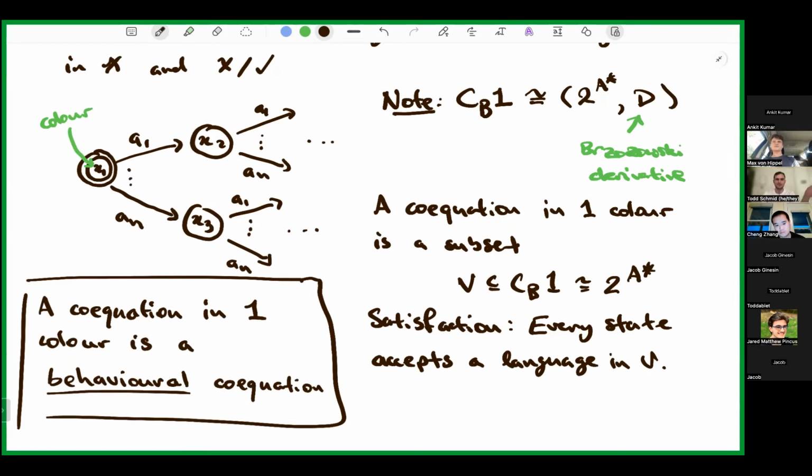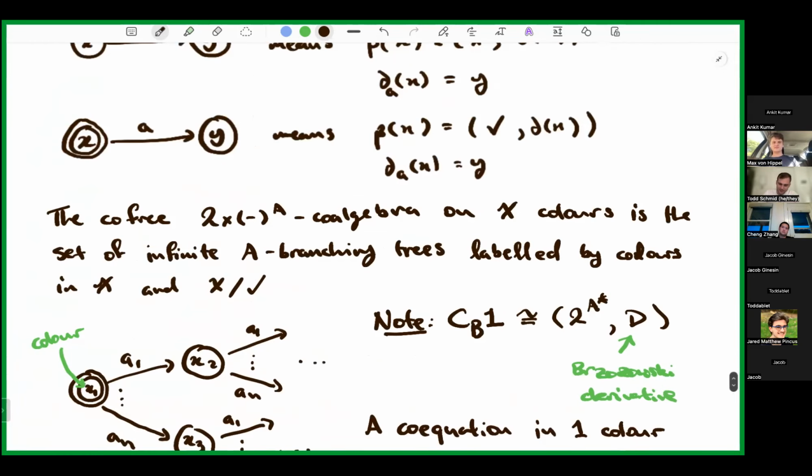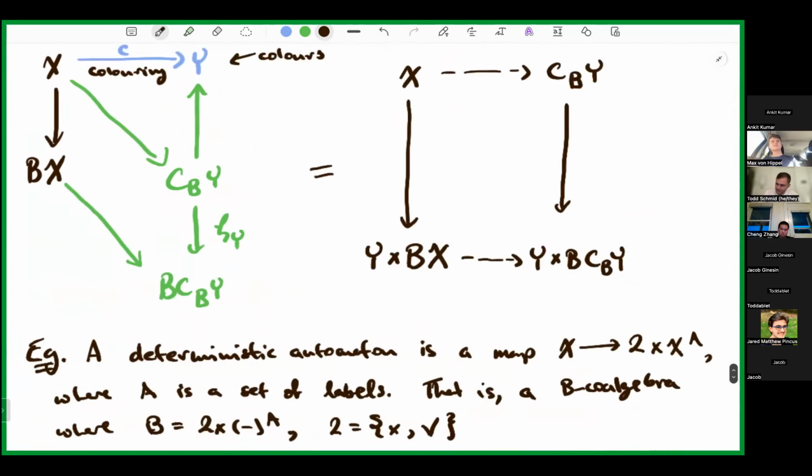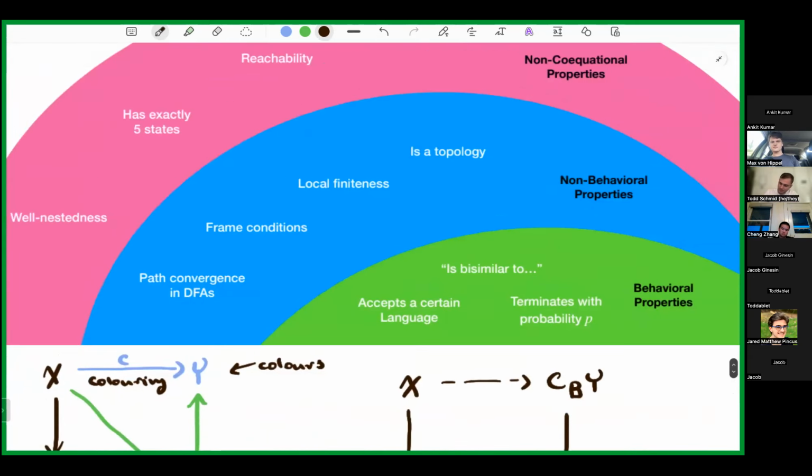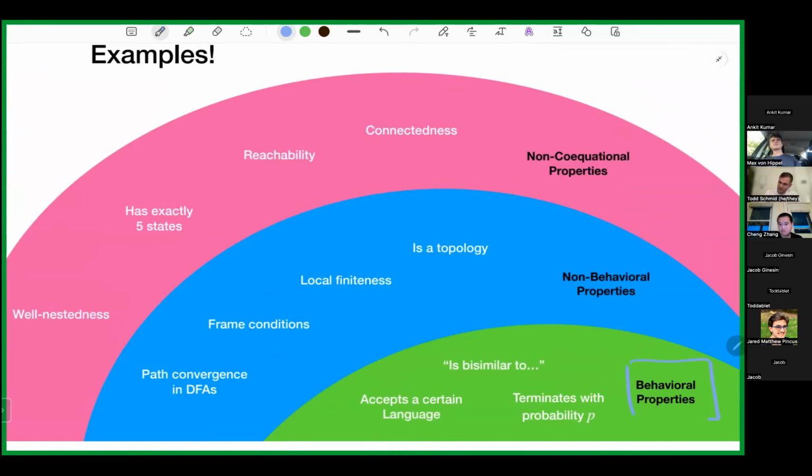That's it. It's not more complicated than that. The limitations of behavioral coequations are basically that they can't talk about states. I had this picture up here where down in the right-hand corner I wrote behavioral properties, meaning properties you can characterize with the behavioral coequation. And accepting a certain language or accepting one of a set of languages is one of these.